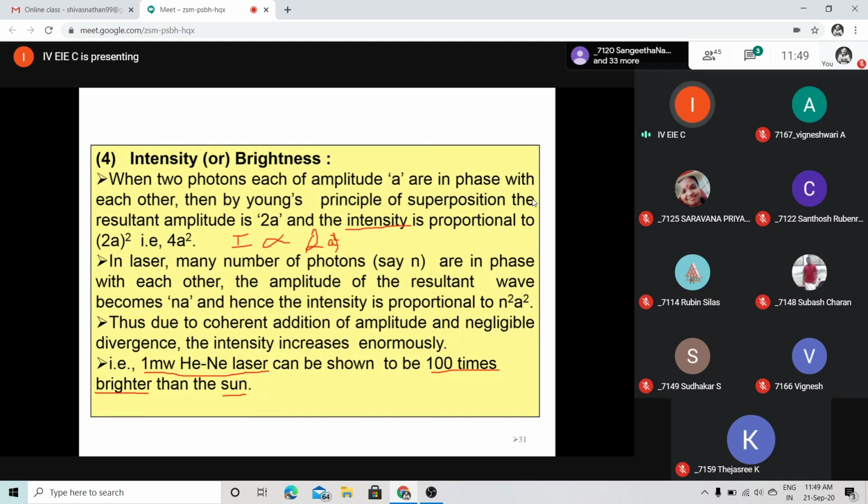Similarly, in my laser light, I might have n number of photons present. Then my I proportionality will be equal to what?